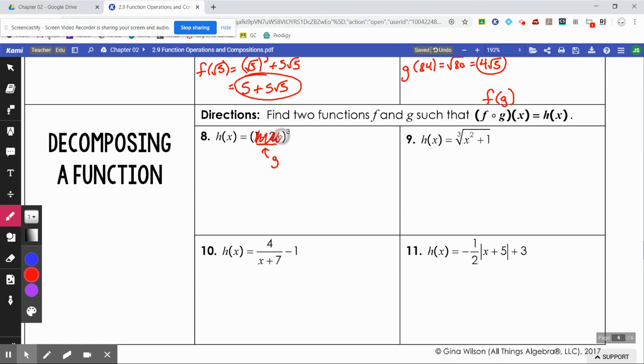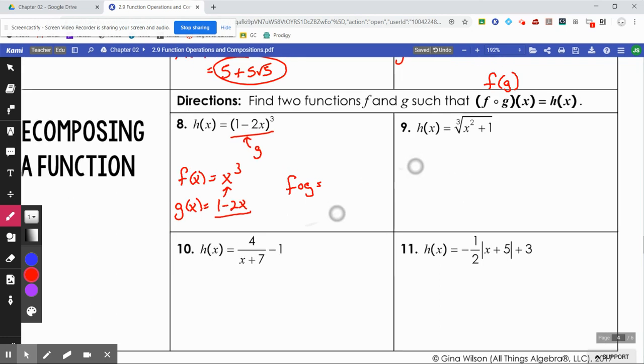We'll take that out, and it got plugged into stuff to the third power. So we can let our f be the entire function, which is stuff to the third, and let g be the stuff on the inside that got plugged in, which was 1 minus 2x. And if you were to find f of g, if you were to plug this into this, you would get that function back.